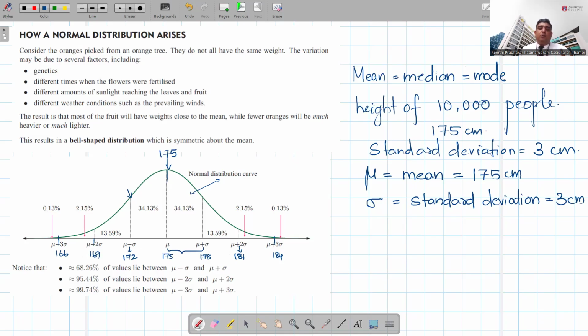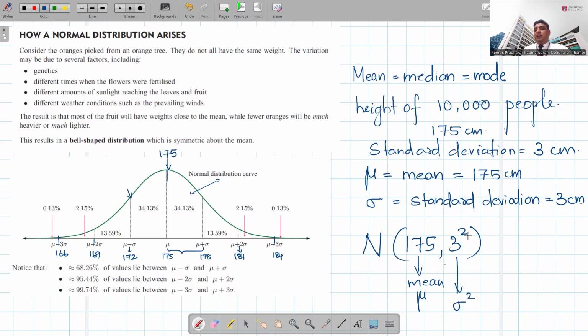Okay. So now my next question is, in order to show this as a shortcut, I would write it as N, normal distribution, 175, 3 squared. This actually means there is data with a normal distribution where the average is mu, and this is the standard deviation squared.